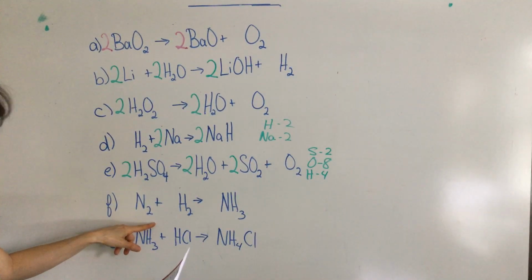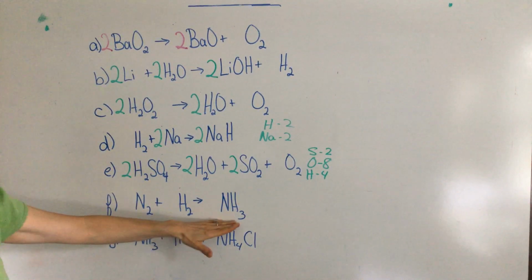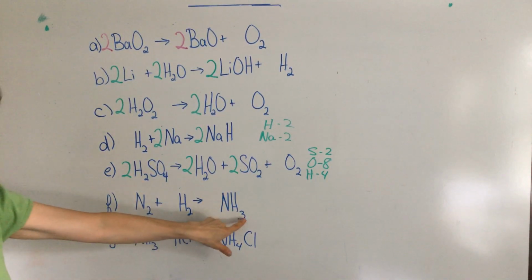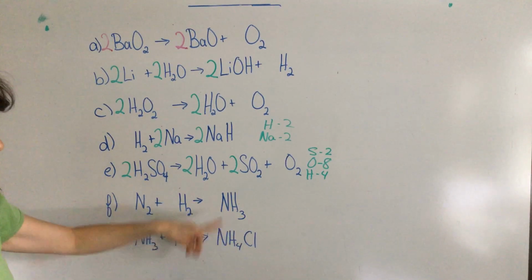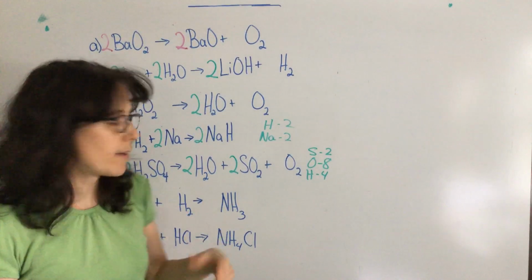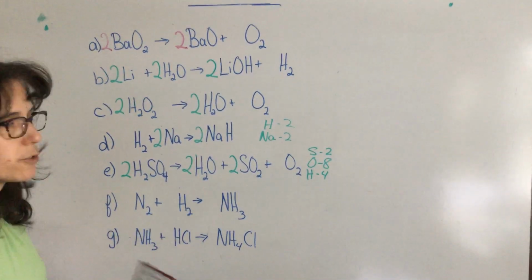Letter F. All right, take a look at the hydrogen and the nitrogen on this side. We have 3 hydrogen, that's an odd number, 2 nitrogen, that's an even number, but on the other side we have an even number of nitrogen and hydrogen.